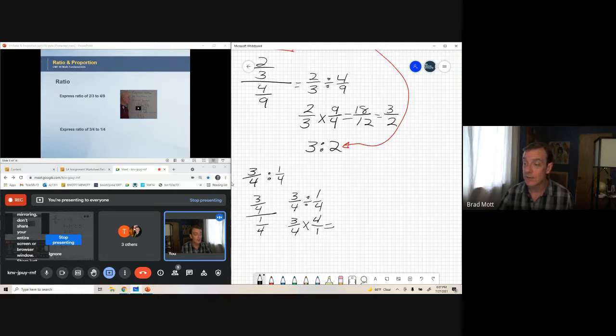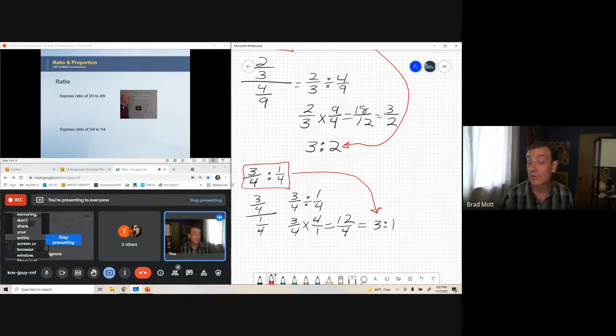And we have 3 times 4, which is 12, and 4 times 1, which is 4. And then 4, of course, goes into 12 exactly 3 times. So the ratio is 3 to 1. So 3/4 is to 1/4 as 3 is to 1, which if you think about it, makes sense. There are 3 1/4s in 3/4.